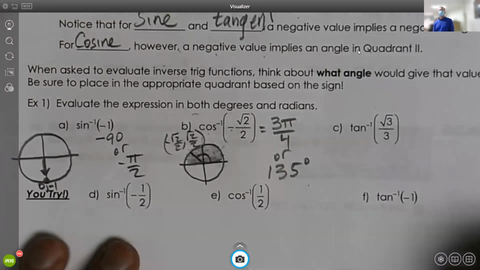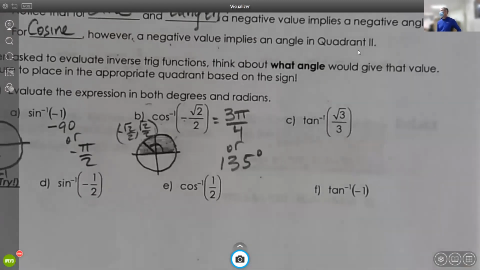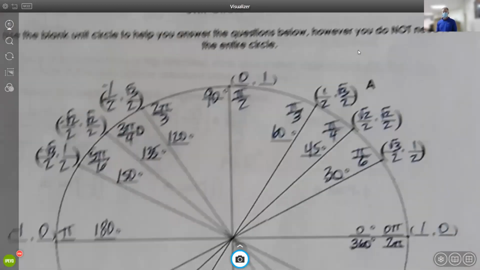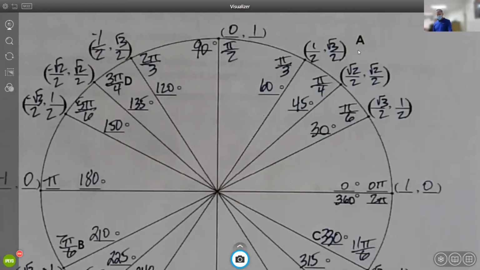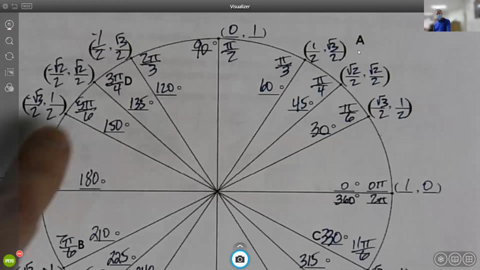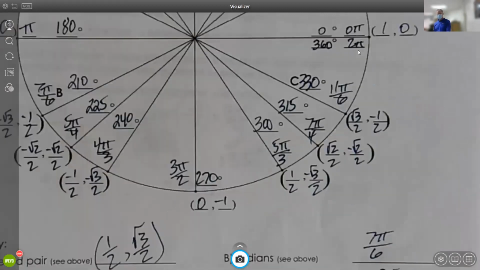Now, the toughest type of these is when you think about tangent. Where is tangent √3/3? Well, when we look at our unit circle, we don't see √3/3 on this sheet at all. You can find where cosine is -√2/2. You can find where sine is -1/2.